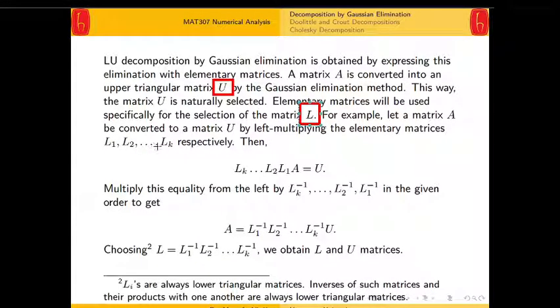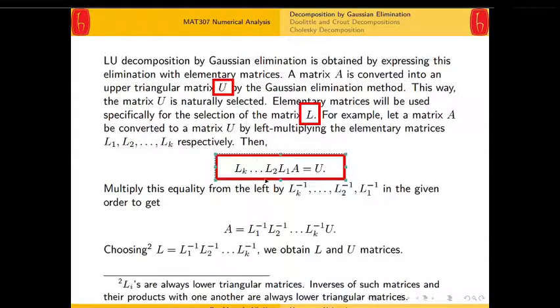L1, L2, dots Lk respectively. Then the equation will look like this. So we have A, and we multiply by L1, L2 dots Lk from the left to obtain U. Okay, then we can multiply this equation from the left by L_k inverse, L_{k-1} inverse, and so on until we get to the point where we multiply by L1 inverse.